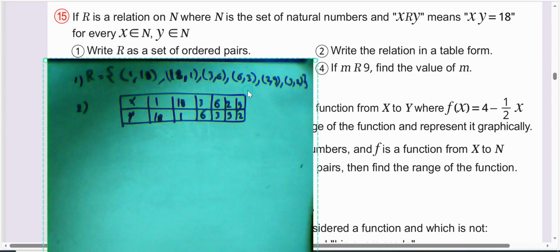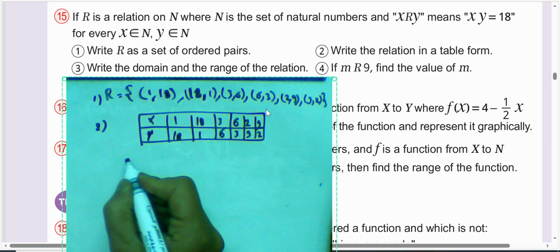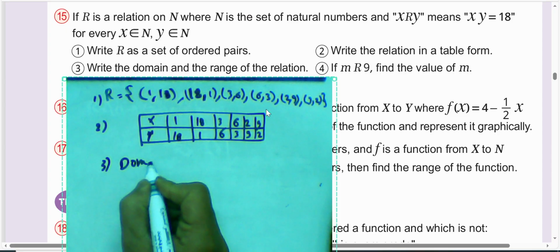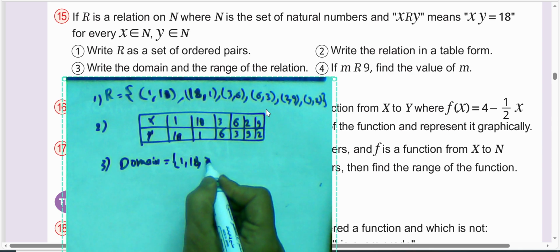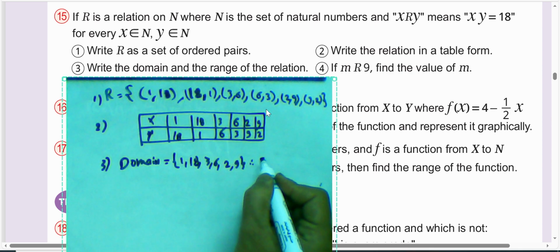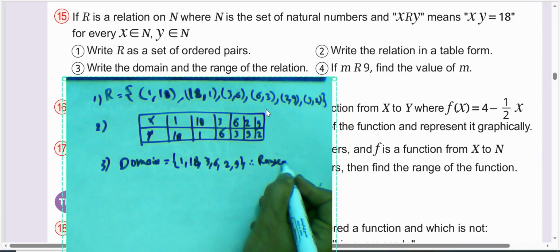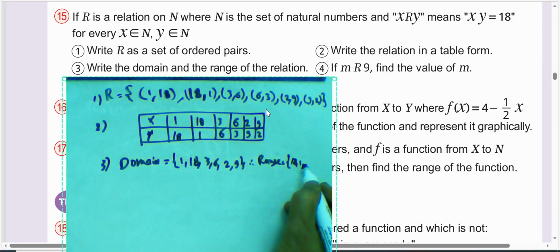Then write the domain and range. The domain: 1, 18, 3, 6, 2, and 9. And the range we have 18, 1, 6, 3, 9, and 2.